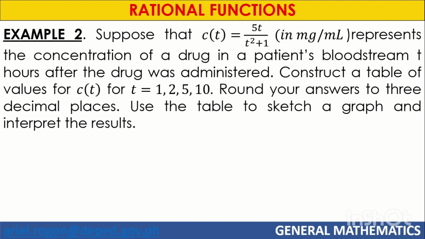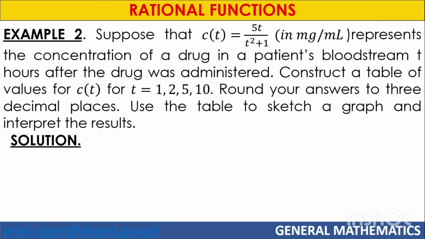Round your answer to 3 decimal places. Use the table to sketch a graph and interpret the result. Okay. After natin magawa yung table of values, using the values of t, which is 1, 2, 5, and 10, titingnan natin yung graph. And then we need to interpret.